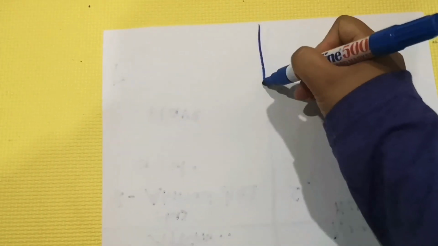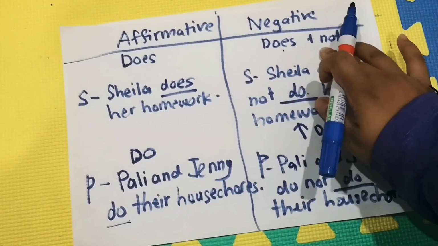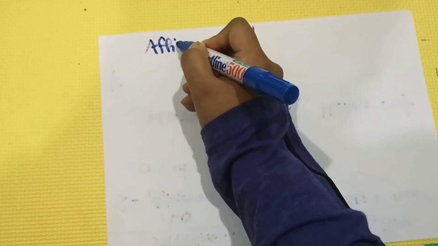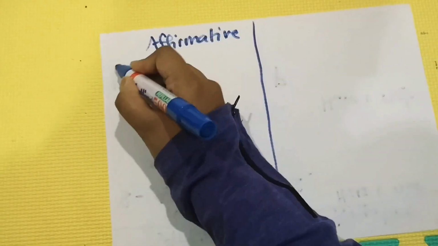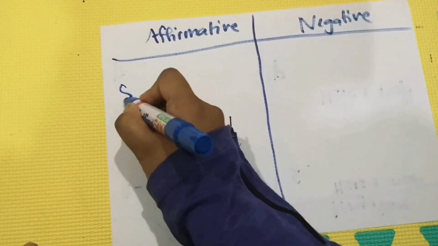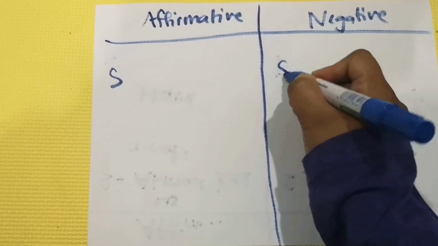Okay, for verb to have, it's going to be a little bit different compared to verb to do, because for verb to do we only put the word not to make it negative, but for verb to have, I'm going to show you first. So we're going to draft both singular and plural.